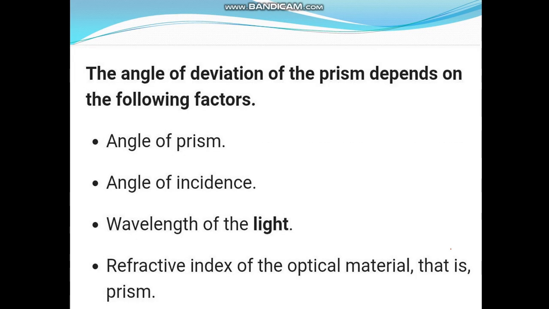Now the angle of deviation of the prism depends on the following factors. The factors are angle of prism, which I have already told you is represented by symbol A, angle of incidence I, wavelength of light lambda, and refractive index of the optical material, that is the prism, and refractive index is given by the symbol mu.